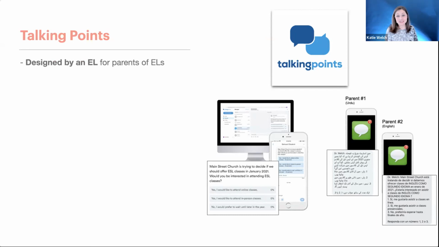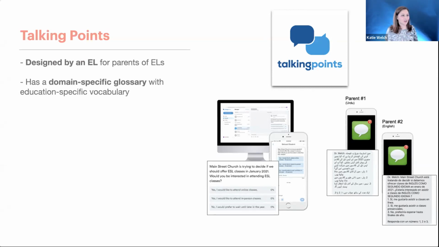Not only that, it was designed by an English learner for parents of English learners. And so this is someone who grew up seeing her own parents struggle to communicate with teachers and wanted to solve that problem. And so she's created this app for the purpose of being able to communicate with multilingual families.